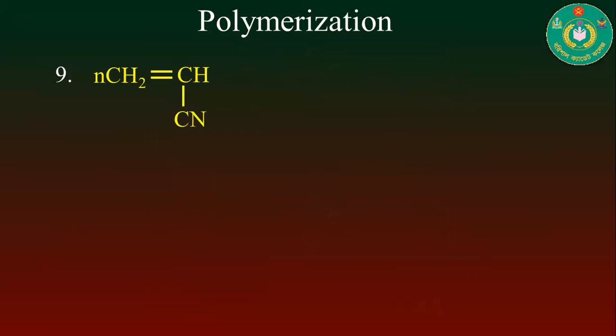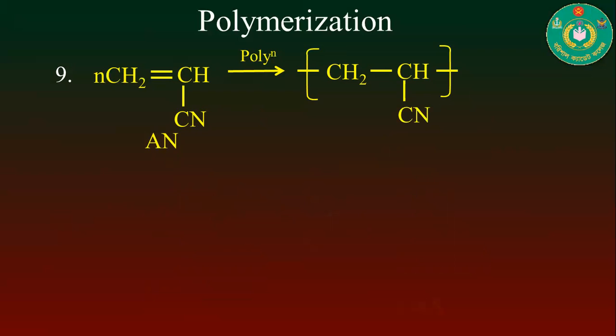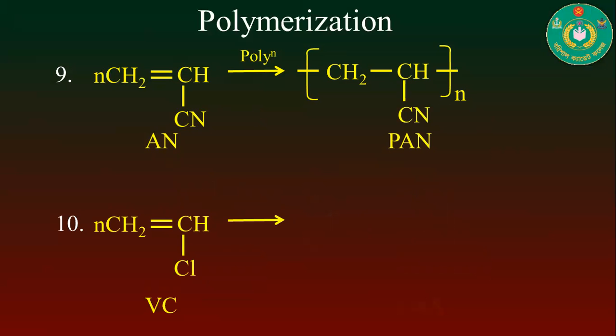If you use acrylonitrile as a monomeric compound, after polymerization you will get PAN, that means polyacrylonitrile. If you use another monomeric compound, vinyl chloride, then after polymerization you will get the PVC compound, the polyvinyl chloride polymeric compound.